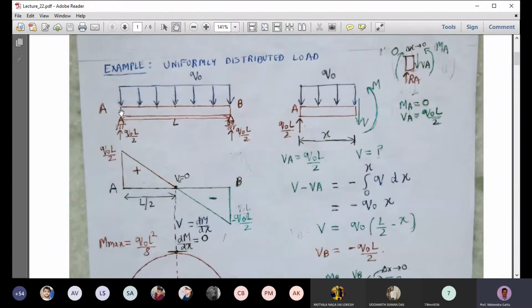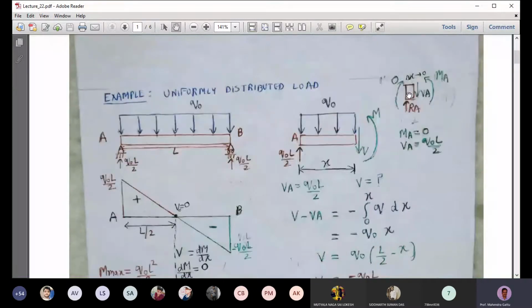Let's cut a small cross section just to the right of A. So that cross section is shown here. We have that reaction A, and on the right surface we have downward shear force VA and moment MA, and Q dx will be acting on the top surface.